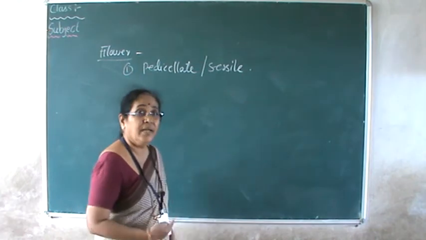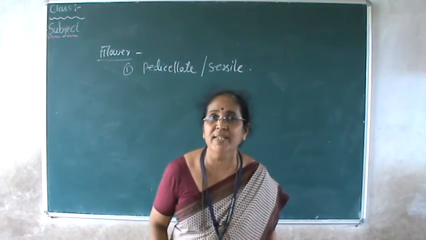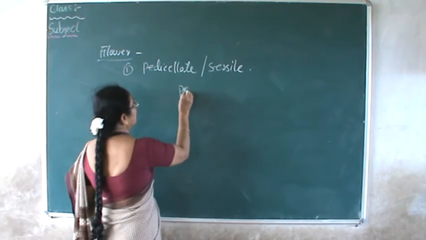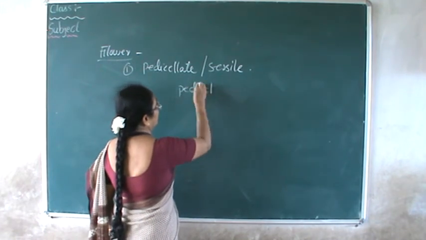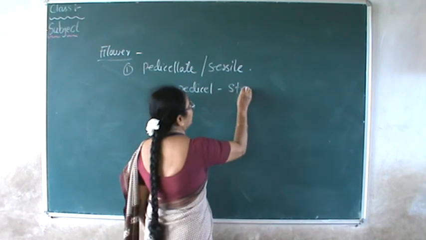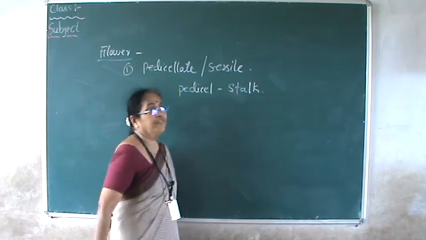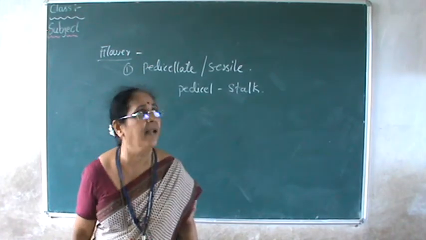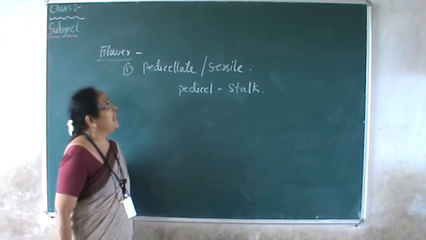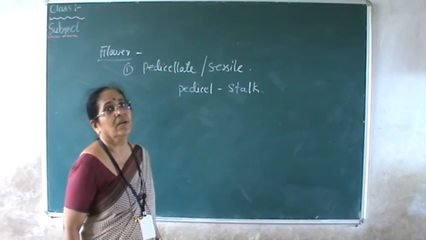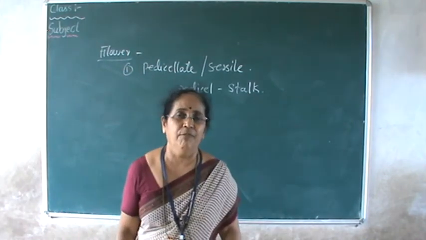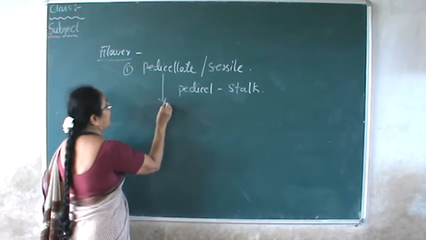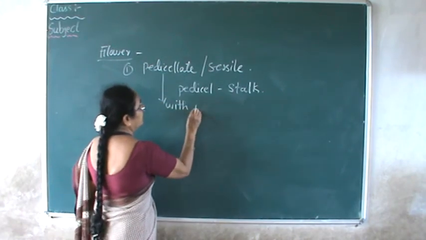You have already learned a similar kind of word, petiolate and sessile, with respect to the leaf description. Here the word is pedicel, the stalk of the flower. The stalk of the leaf is called petiole; the stalk of the flower is called pedicel. A pedicellate flower is a flower with pedicel, a flower with stalk.